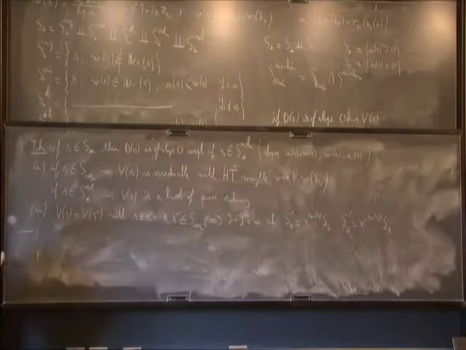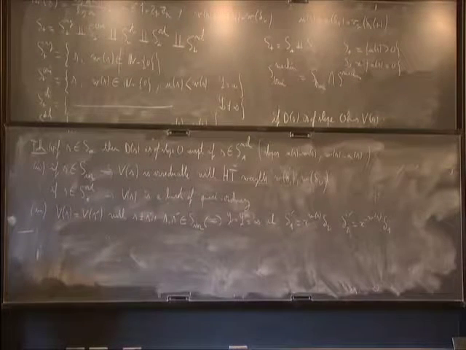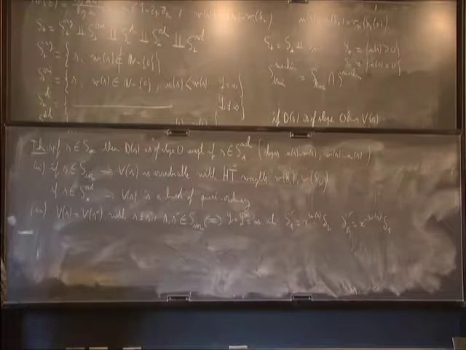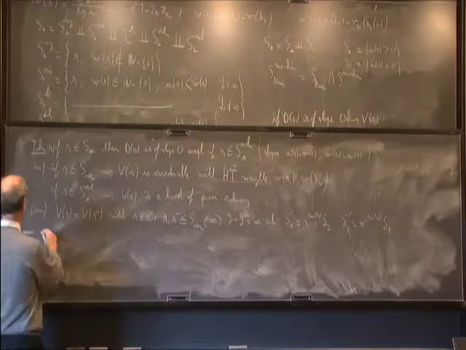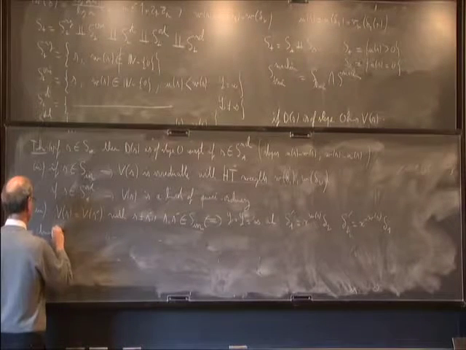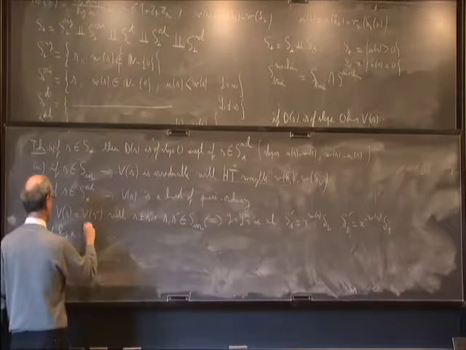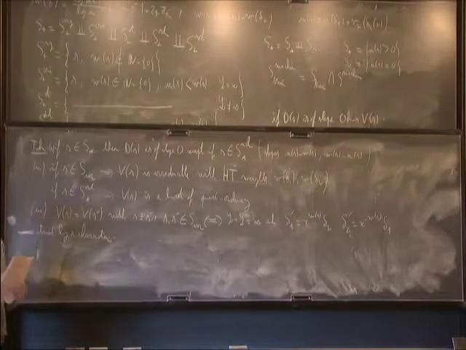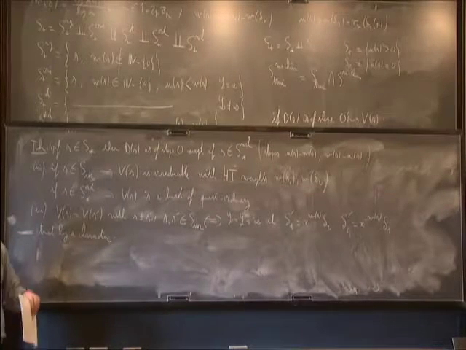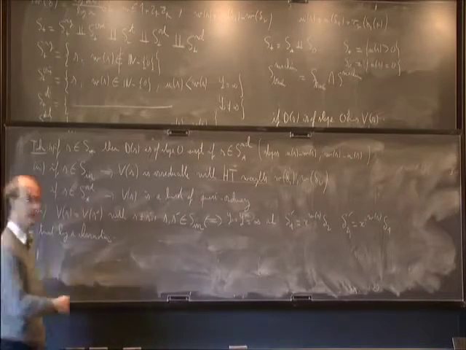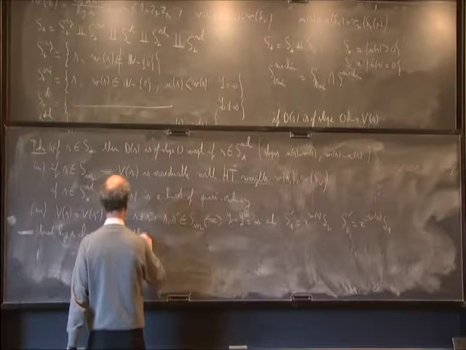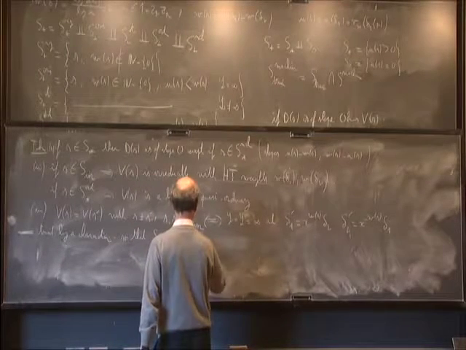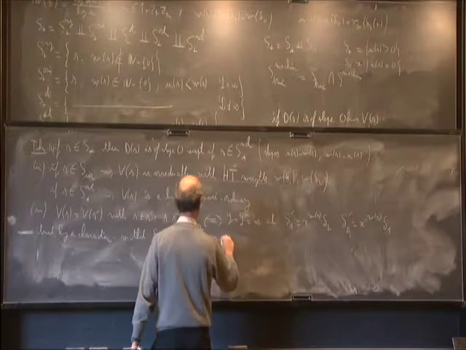Okay, and then if you want something finer, what is better to do is twist. So you can twist by a unitary character so that delta 1 is trivial on Z_p star.